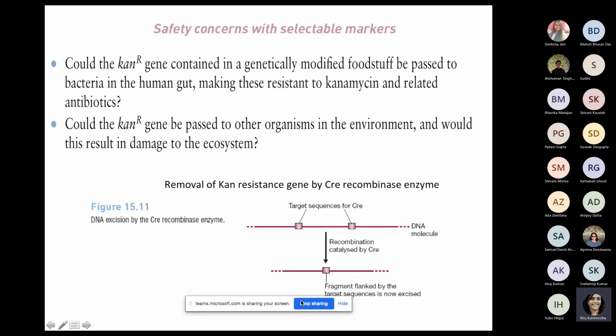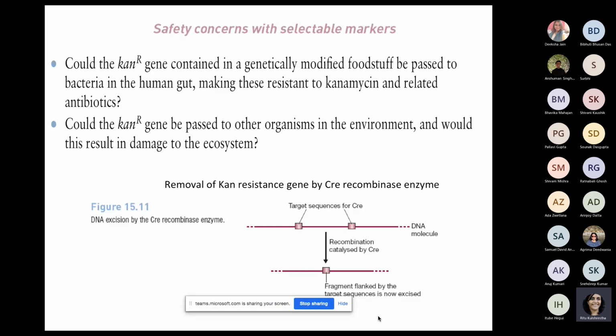So as a result, we will finally have a transgenic plant which will have your gene of interest, but the selection marker has been removed. So this is one strategy by which you can make a transgenic plant which does not have any gene of concern, and that is removed by Cre recombinase.